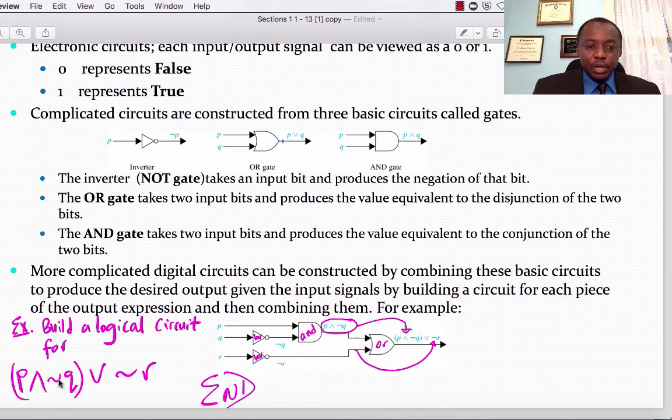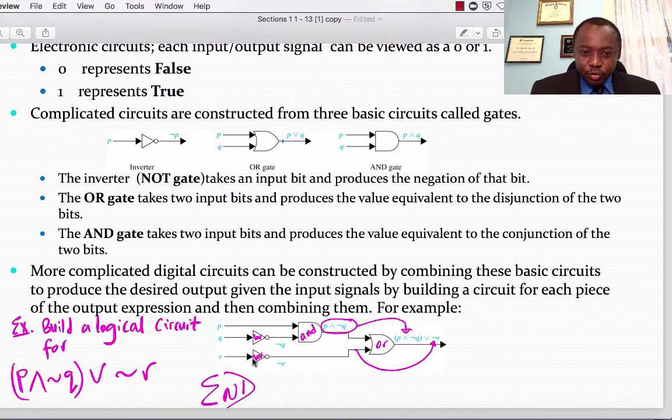I'm going to need a not Q, which means I'm going to pass Q through an inverter. Then whatever output comes from the inverter, I'm going to pass P and not Q through the AND gate. And then whatever comes out of the AND gate and whatever comes out of the inverter for R, I'm going to pass both of these through the OR gate. Complex? Don't think so. Okay, let's see how that goes.